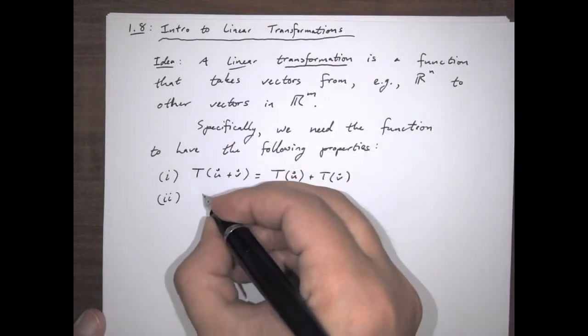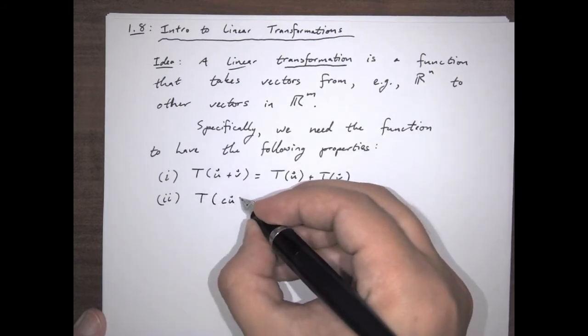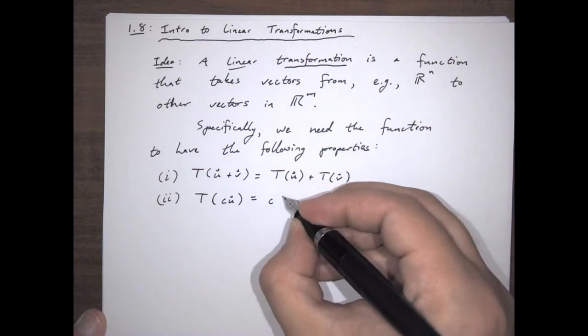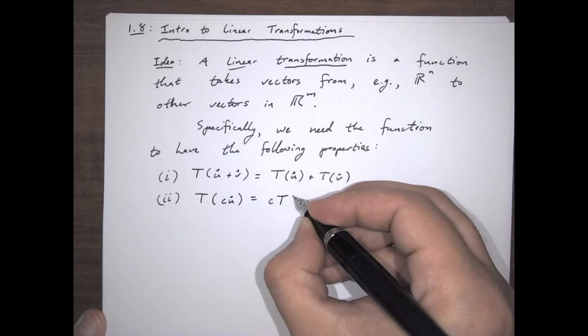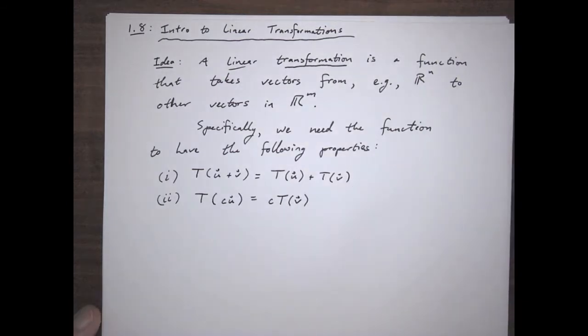And then also, if we do a scalar multiple of a vector, that has to be the same as that same scalar multiple of the output.